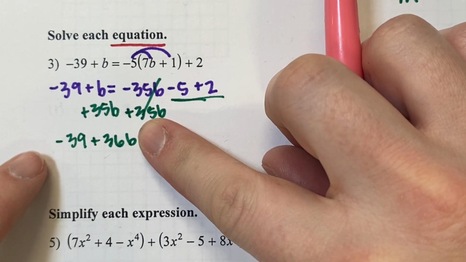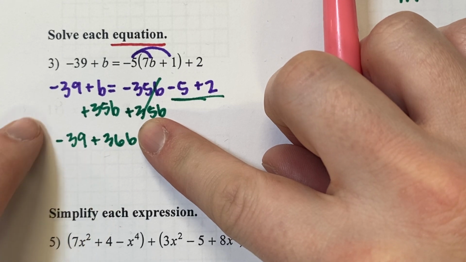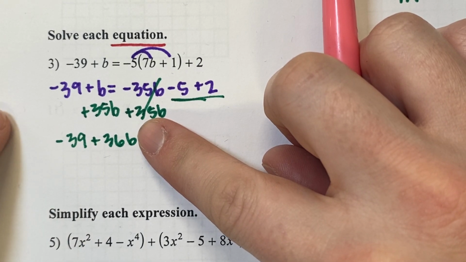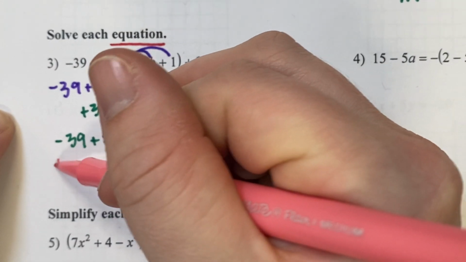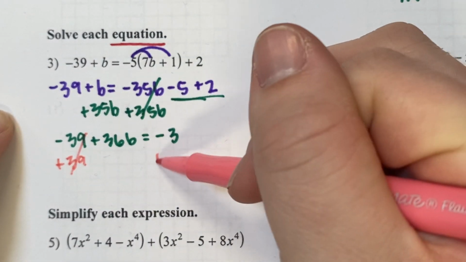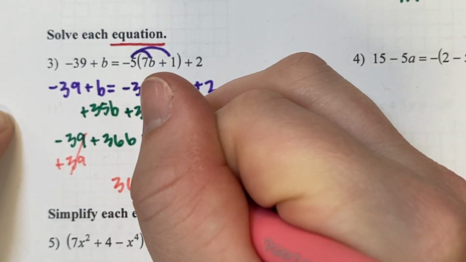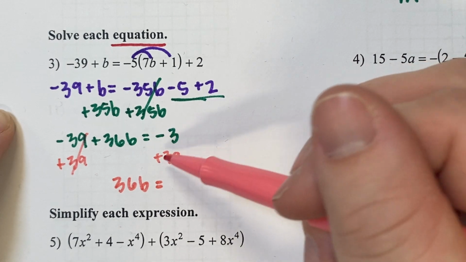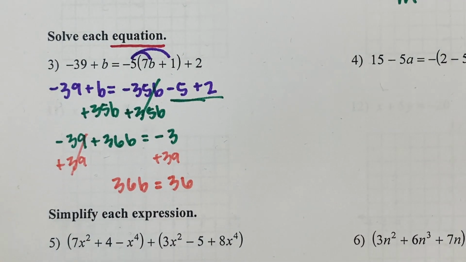So I either need to get rid of this negative 39 or times by 36. Okay, remember, get rid of what's farthest away first, so we have to get rid of negative 39. Do the opposite by adding 39 to both sides. So I'm left with 36b equals negative 3 plus 39 is 36.